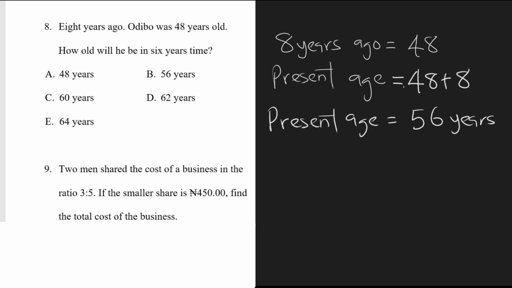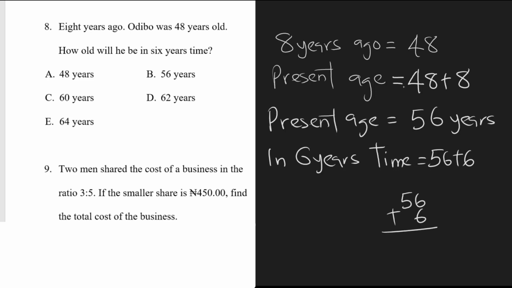So in 6 years' time, he'll be 56 plus 6. And 56 plus 6: 6 plus 6 is 12, carry 1, 5 plus 1 is 6. So he will be 62 years old in 6 years' time. It's going to be 62 years.